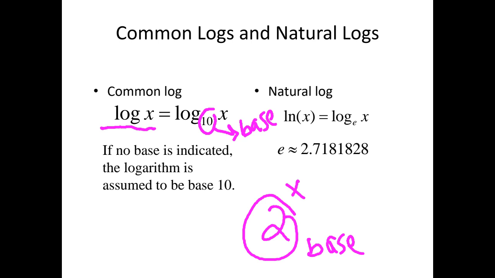So if you see log without the little number, then it's base 10. And if you see the words natural log, that means it has a base of e, okay? One of the common mistakes that I get from students when doing work on WebAssign is they enter an I for this, but this is not an I, it's an LN.